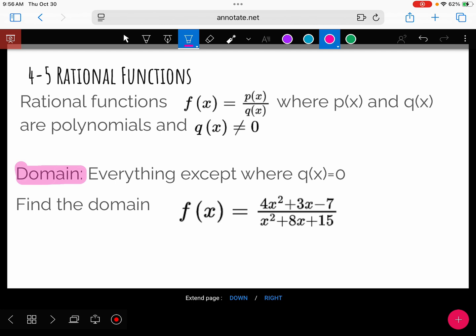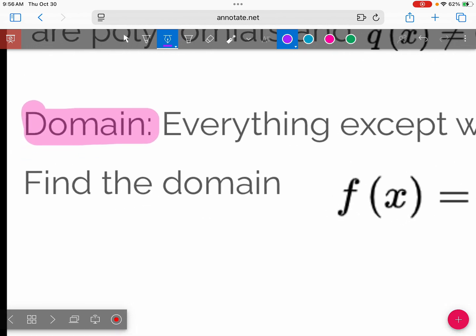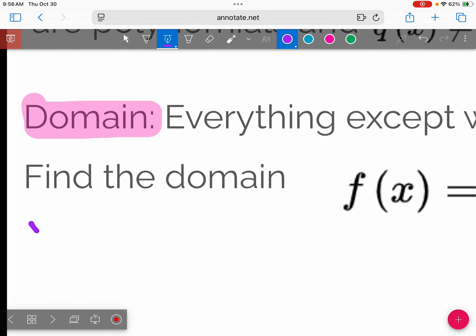Our numerator is always going to be a function like a quadratic or a linear, where its domain goes from negative infinity to positive infinity. So the only place we're going to have problems is where our denominator equals 0. So to find our domain, the first thing we need to figure out is when our denominator equals 0. So I'm going to look at my denominator, my x squared.